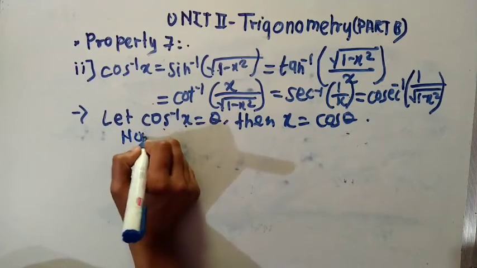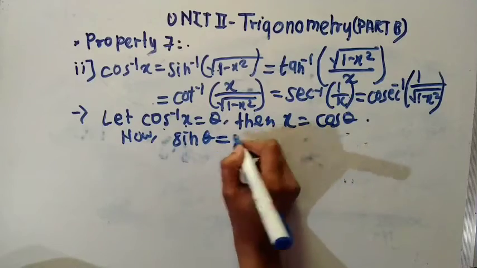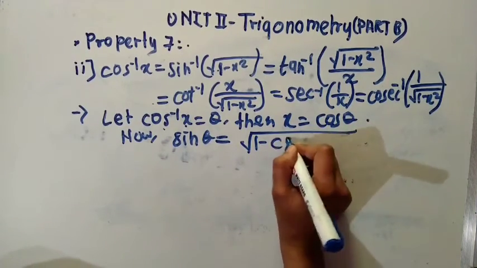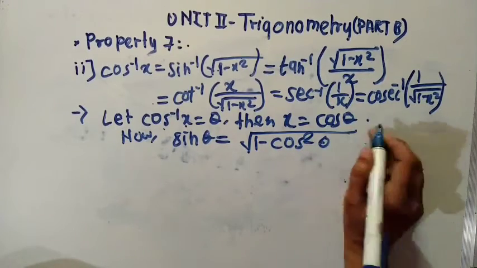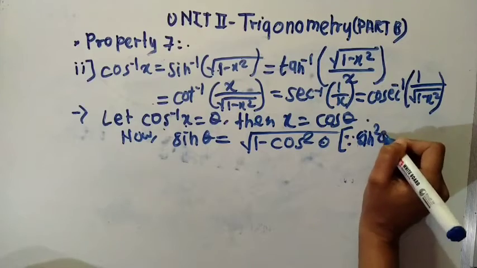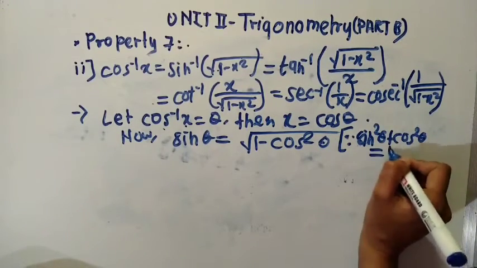Now then sin theta is equal to root 1 minus cos square theta, since sin square theta plus cos square theta is equal to 1.